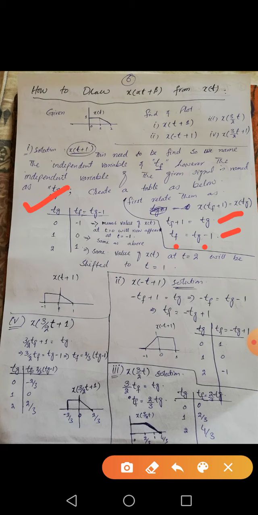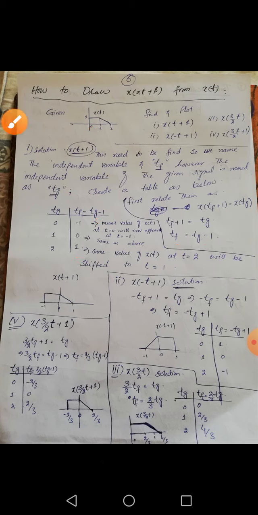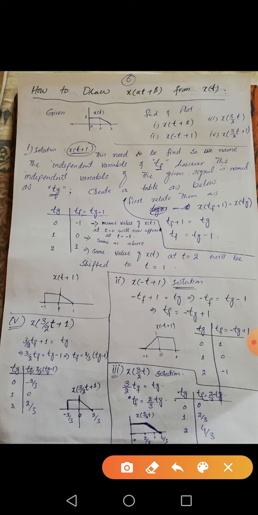When the given value of the independent variable tg is 0, tf is 0 minus 1, which is minus 1. When tg is 1, tf is 1 minus 1, which is 0. When tg is 2, tf will be 2 minus 1, which is 1.